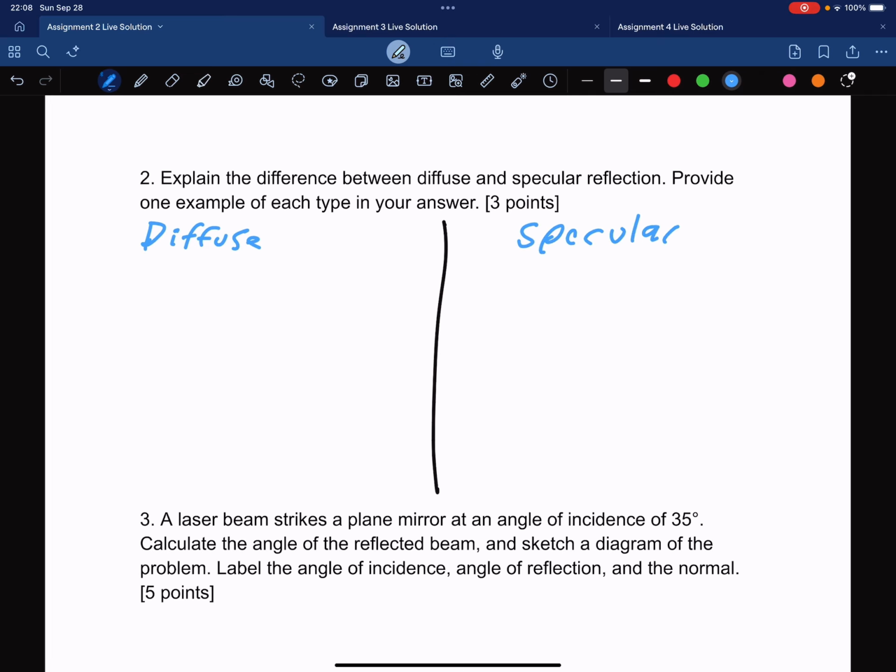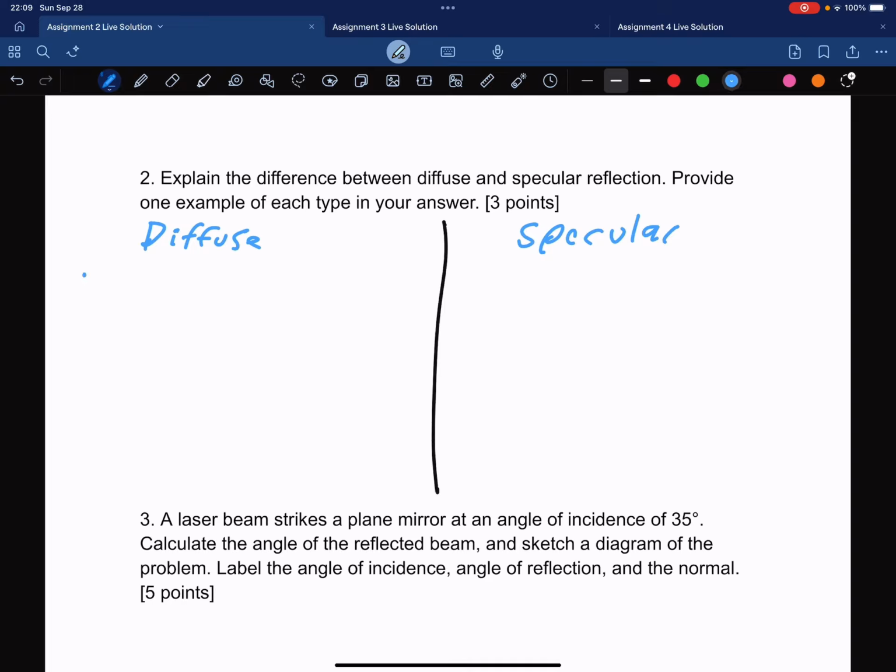In diffuse reflection, I'll word this slightly differently.